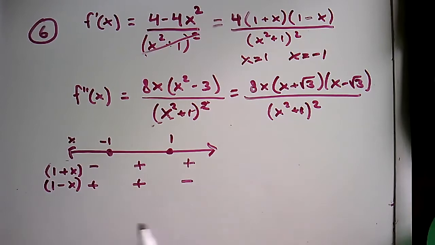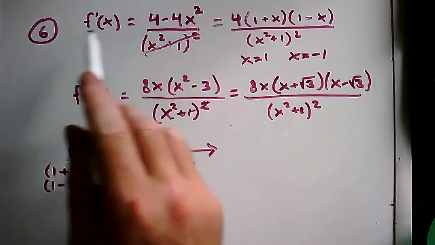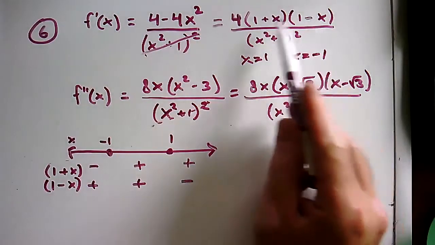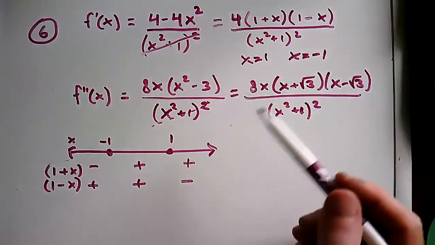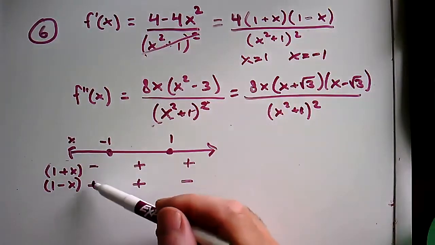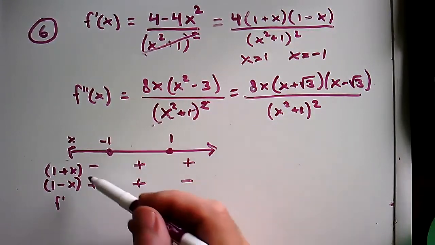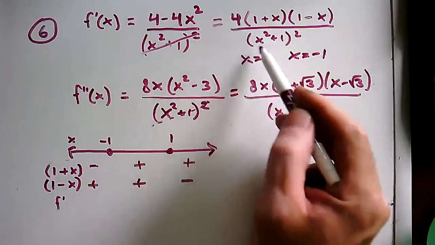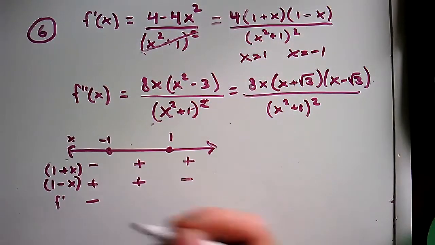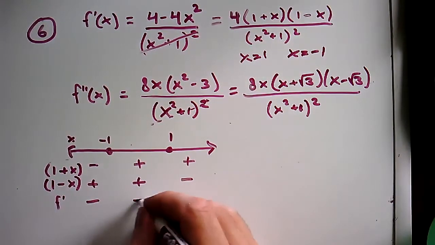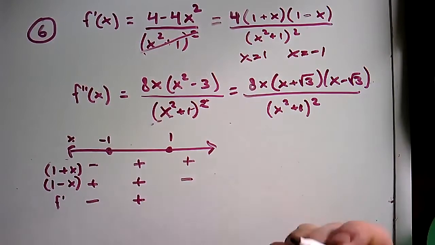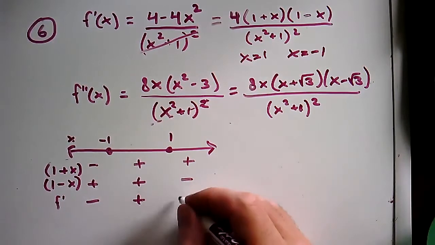Okay, well now what we can see is that f prime of x is just going to follow the signs of these 2 things, right? So if f prime is made up of a negative times a positive times this other stuff that doesn't change, then f prime will be negative, and then f prime will be positive, because a positive times a positive is positive, and then f prime will be negative again.